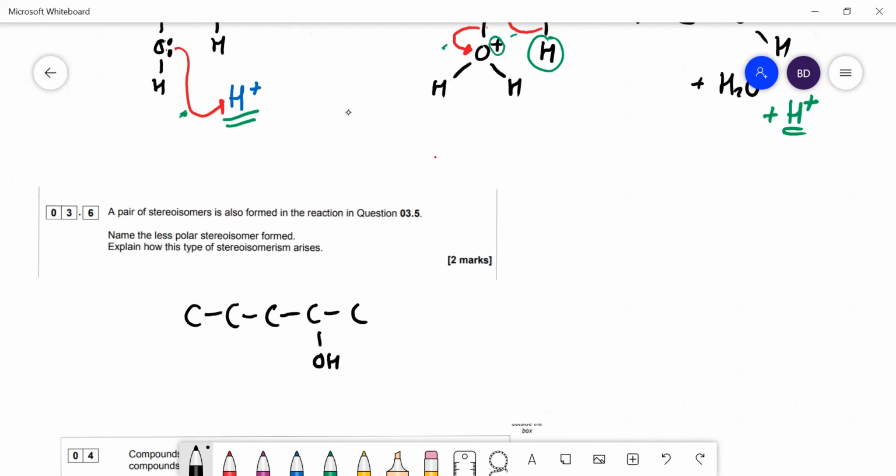Now remember, in dehydration, you remove the OH and you remove a hydrogen from the carbon next door. Now, if you remove the red hydrogen, you're going to end up with pent-1-ene. But if you remove this blue hydrogen here, you're going to form a double bond here, and so you're going to end up with pent-2-ene.